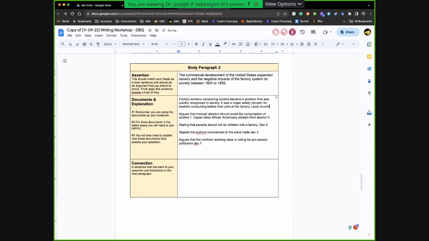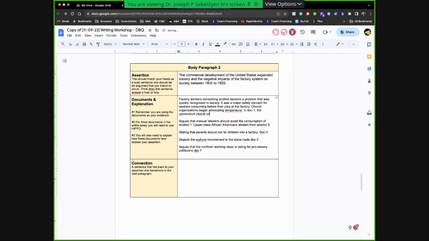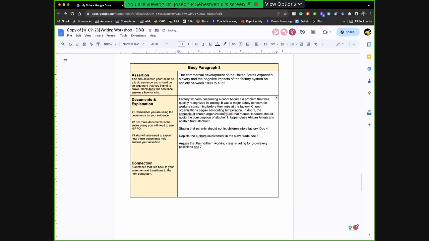Local church organizations began advocating temperance. Document 1 argues that manual laborers should avoid the consumption of alcohol.